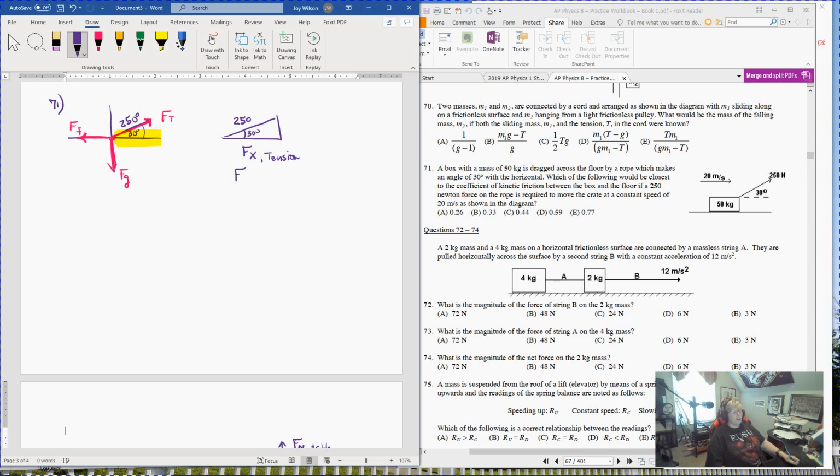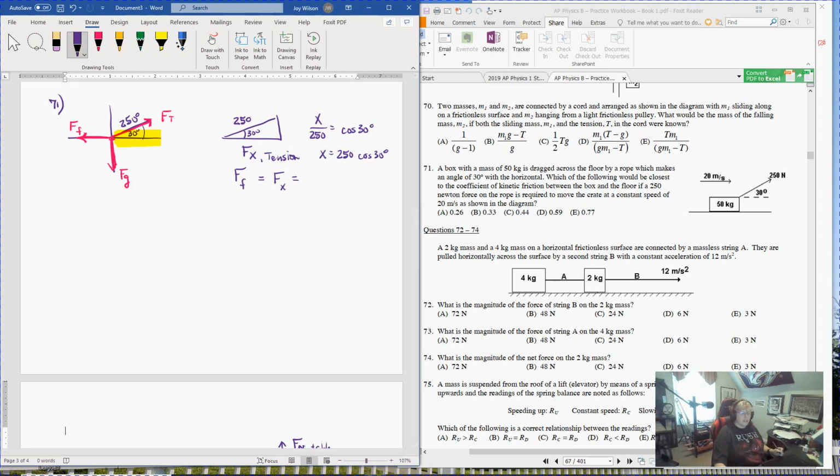So force friction equals force X, and force X is going to be found like so. X over 250 equals the cosine of 30. So X equals 250 cosine of 30.